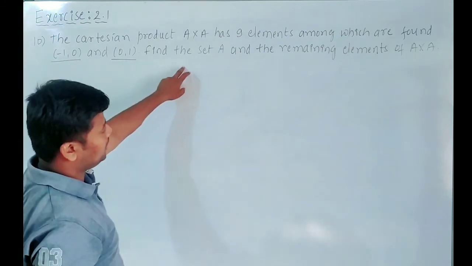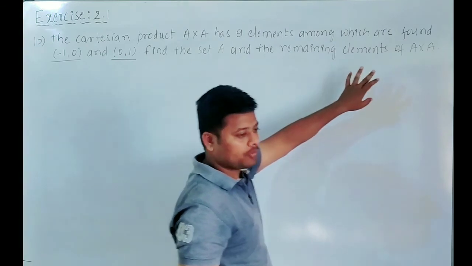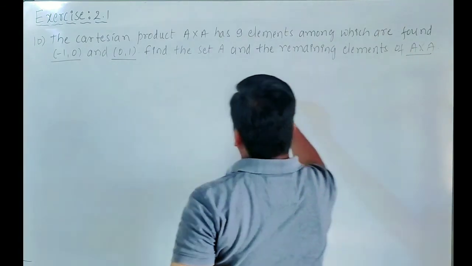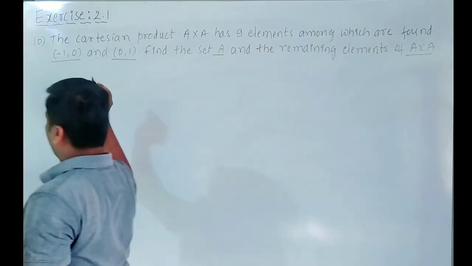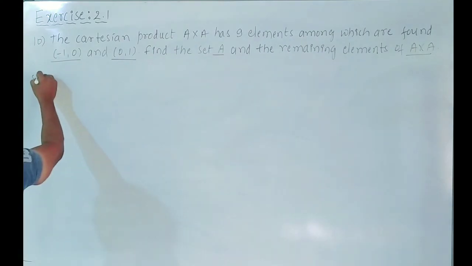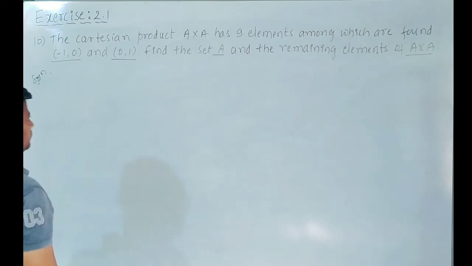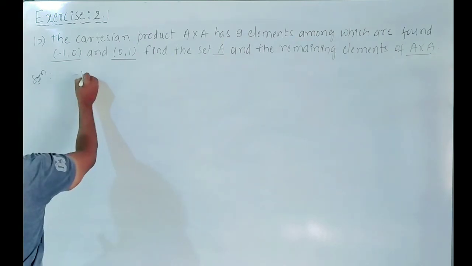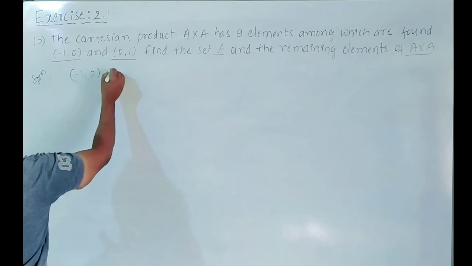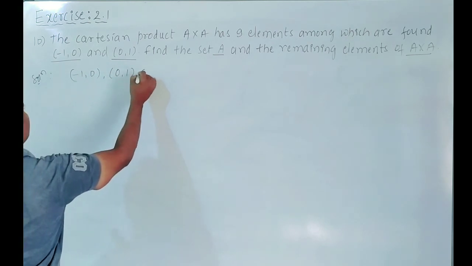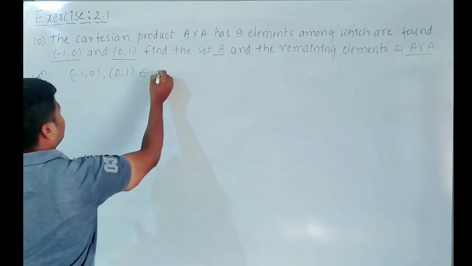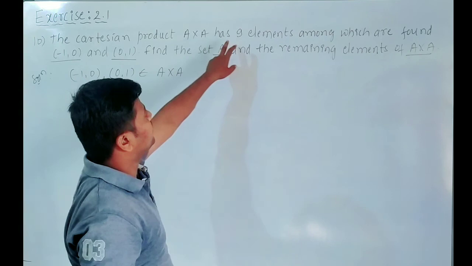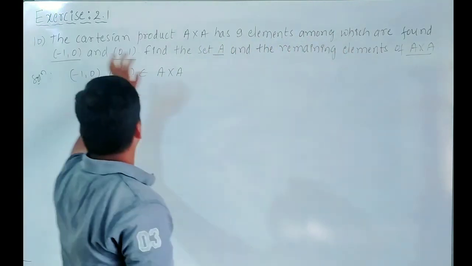Find the set A and the remaining elements of A cross A. First we have to find set A. Solution. What have they given? (-1, 0) and (0, 1). These two ordered pairs belong to A cross A, which has 9 elements.